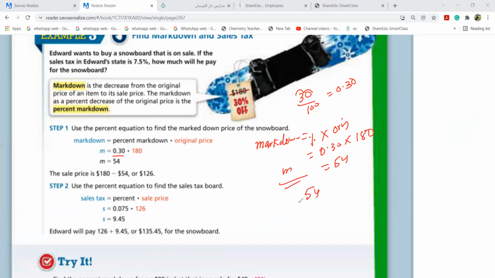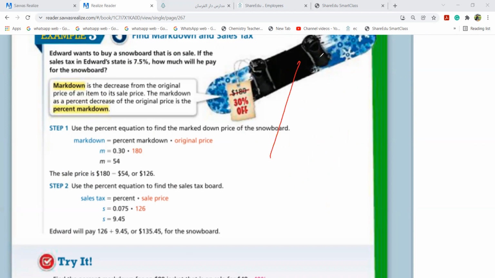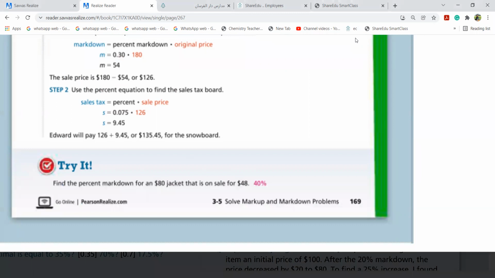Now 54 out of 180, multiply by, anyways, leave this. I'll just go directly to the question. Let's try how we do it. Find the percentage markdown of an $80 jacket. It was $80.